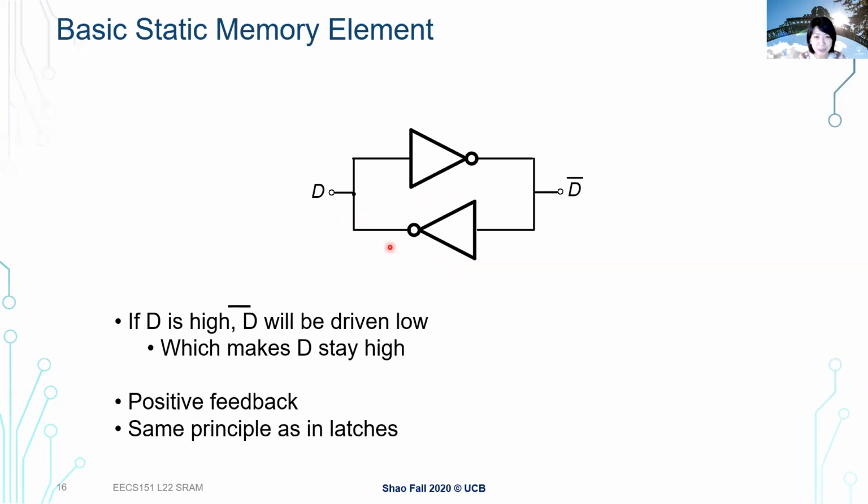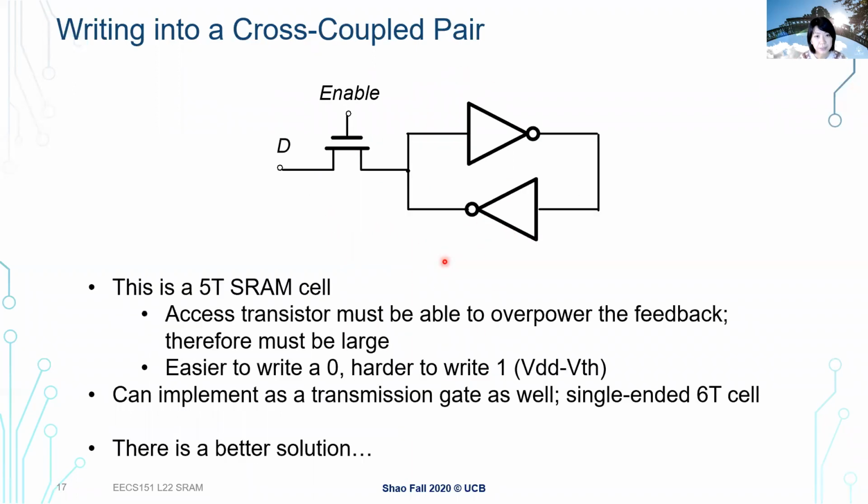So far, we only talked about storage. But we also talked about the need for the data to be accessible. We need to perform both a read operation and a write operation. That's what the other transistors are used for: to access the value stored in this inverter pair.